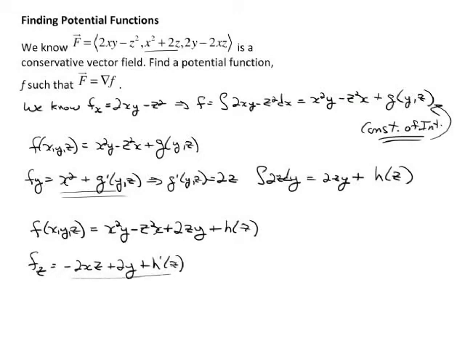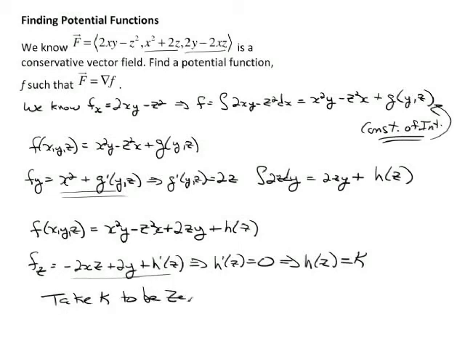Now when I compare it up here, here's my 2y, here's my negative 2xz. So that tells me that h prime of z must be equal to 0, which implies h of z equals some constant k.